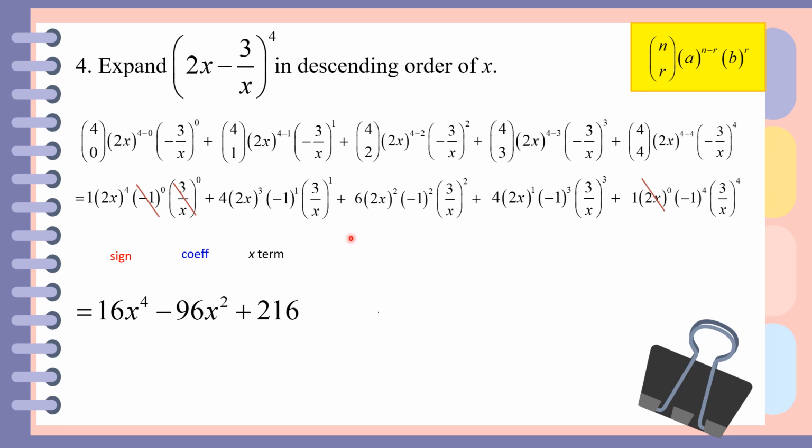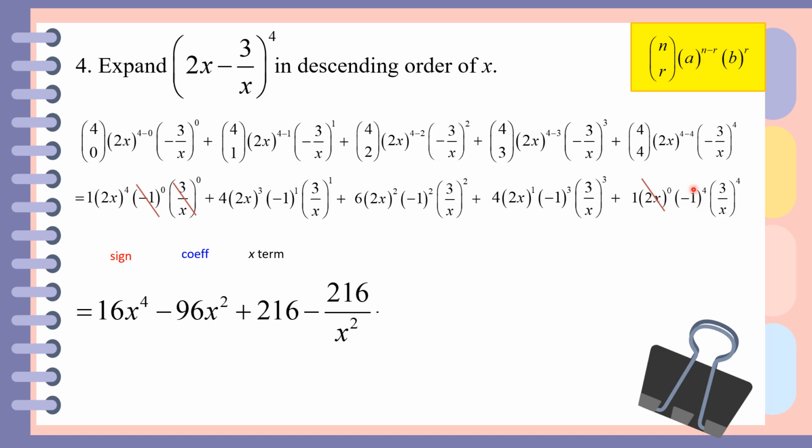Next, let's look at the sign again. The sign here will be a negative sign. 4 multiplied by 2 multiplied by 3 cubed. That will give us 216. For the x term, we have x over x cubed. So x over x cubed will have 1 over x squared.